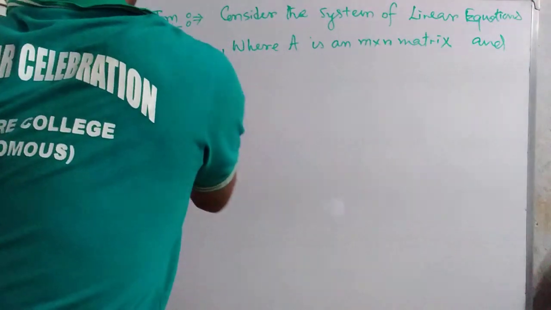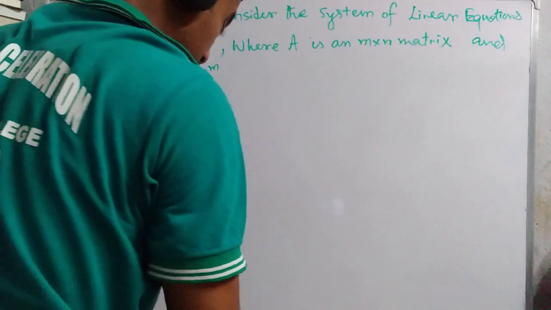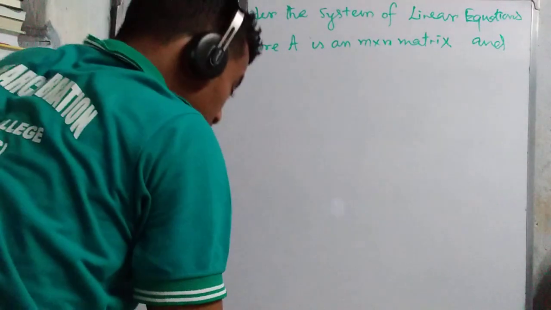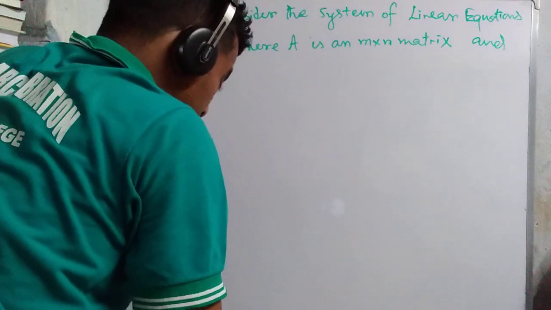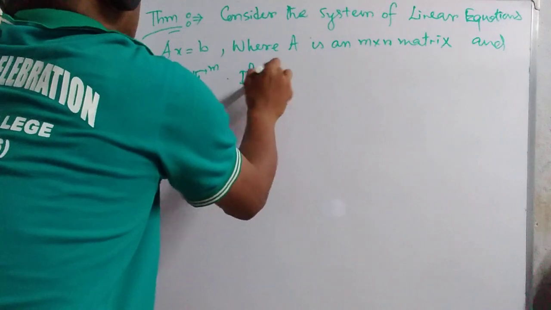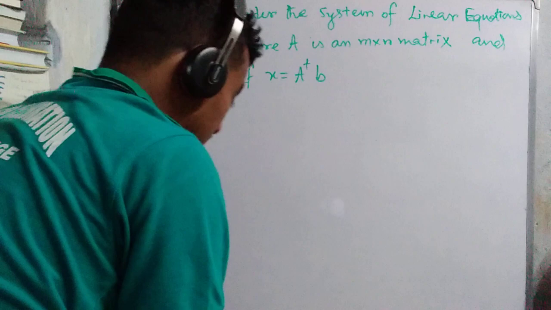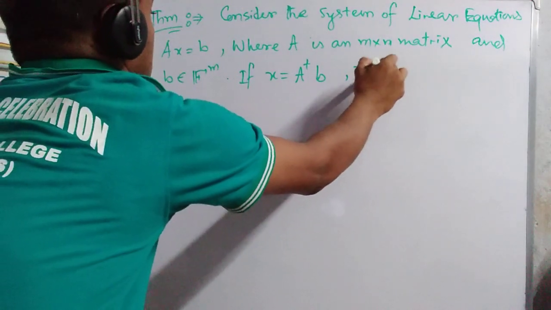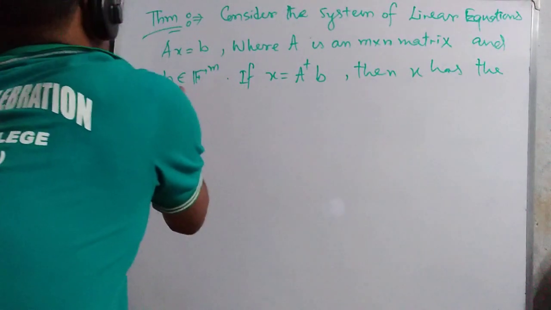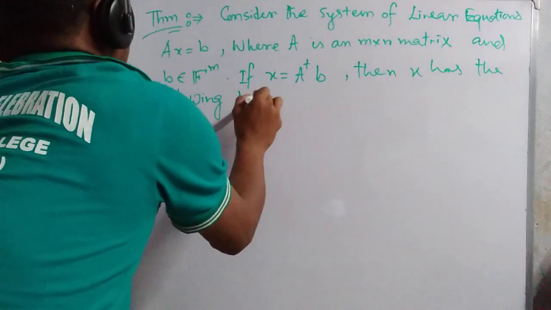Then, if z equals A†b, then z has the following properties.